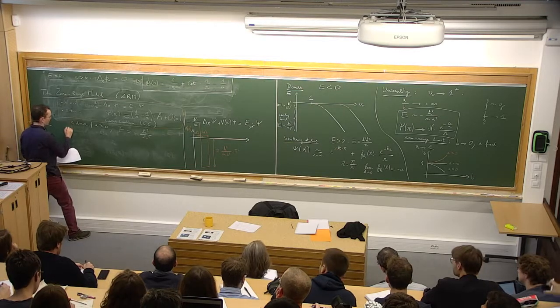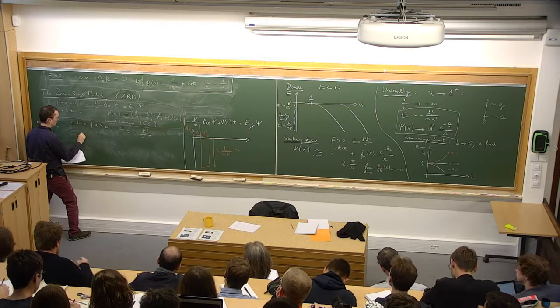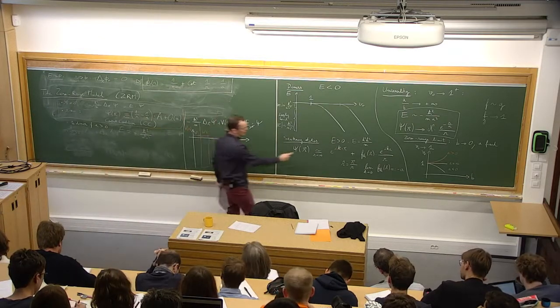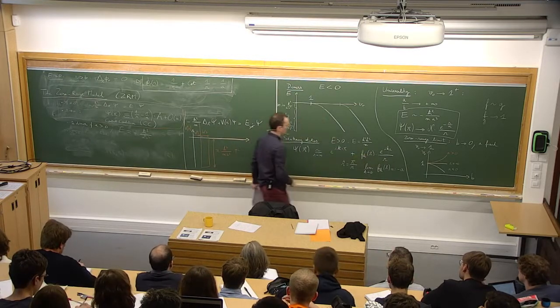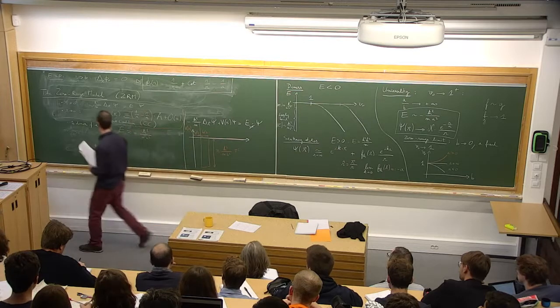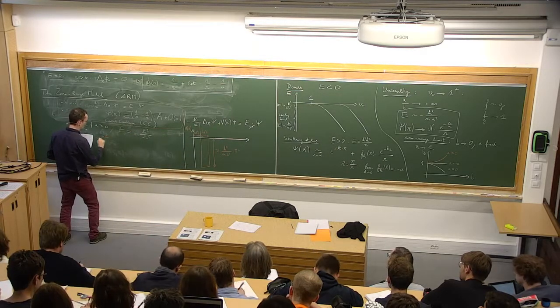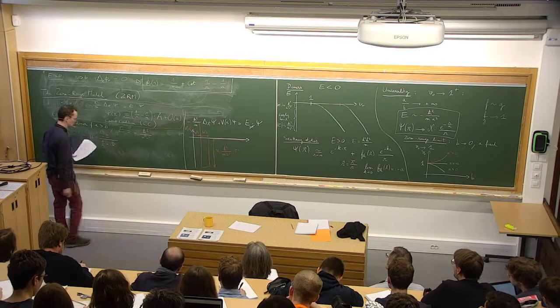Also, if you look at the scattering states for the zero range model, you can easily find that the wave function is equal to this thing for any R, and the scattering amplitude is equal to minus 1 over (1/a plus ik).